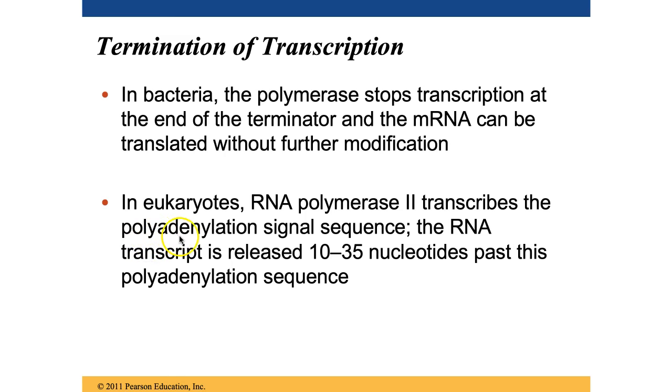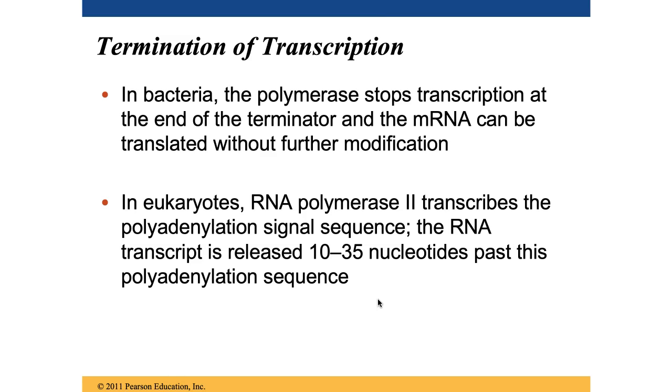So polyadenylation is a bunch of the adenosine nucleic acids in a row. So it will say A. That is called the polyadenylation signal sequence. Once that RNA transcript is complete, it is going to be released 10 to 35 nucleotides past that polyadenylation sequence.